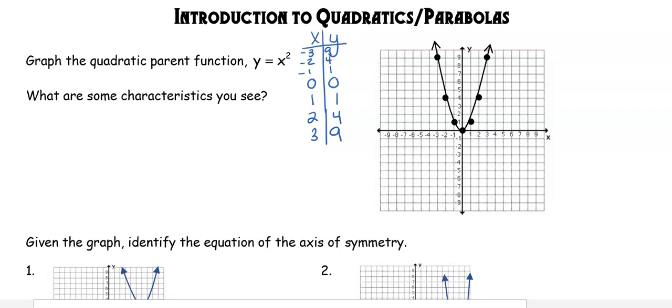So as we look at our graph, we want to talk about a couple different characteristics of all parabolas. What we just did in our table of values showed, and we can see it in our parabola, those points, it is going to be symmetrical.